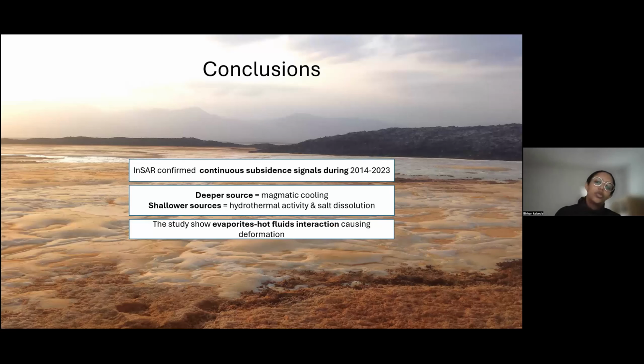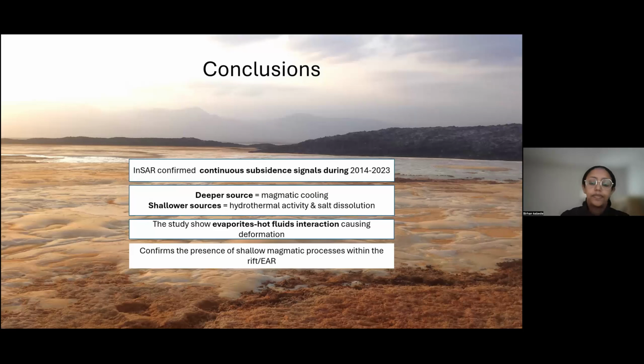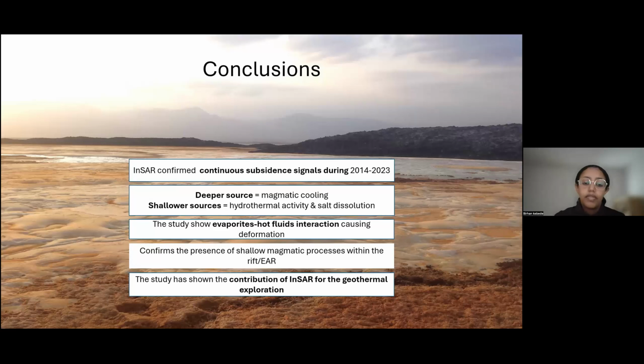The study also shows that interaction between evaporite and fluids causes ground deformation and ground subsidence. It also confirms the presence of shallow magmatic processes along the East African Rift System. And finally, the study shows the contribution of InSAR for geothermal exploration.